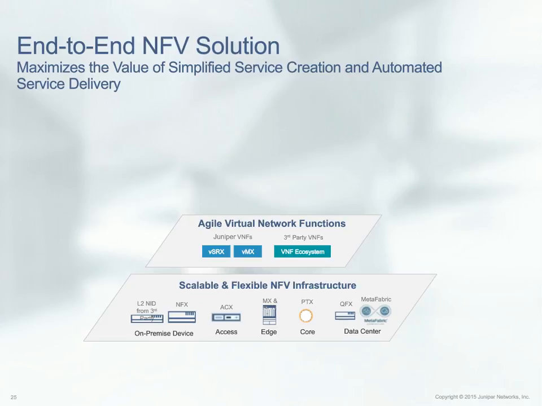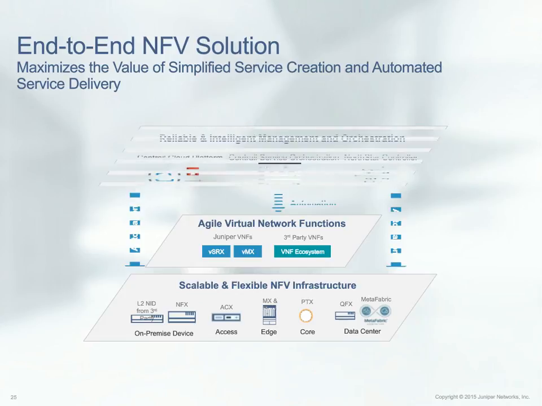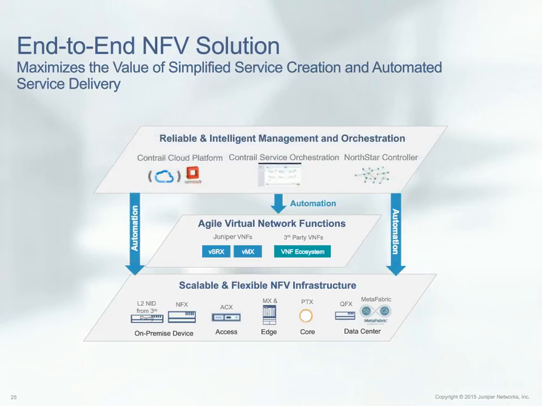But the key to this is that we're building up a service catalog. So third-party virtual network functions is a key element to our open platform approach to be able to build this within, to push this down to our NFVI, as well as to integrate this within our management and orchestration layer.